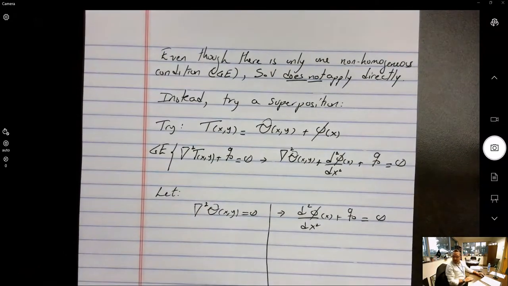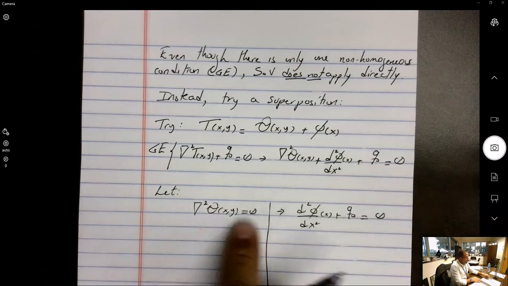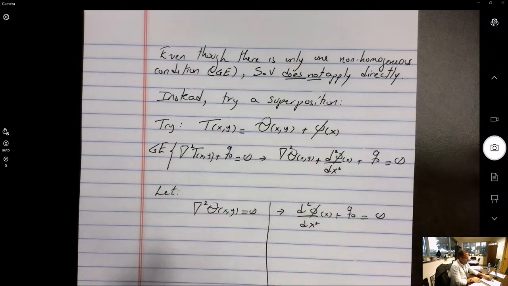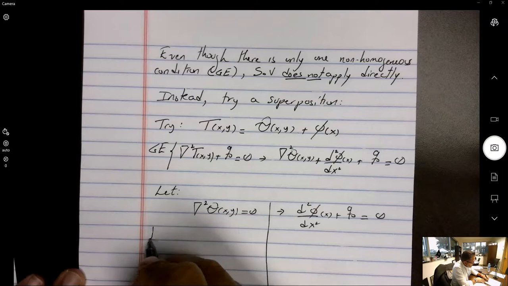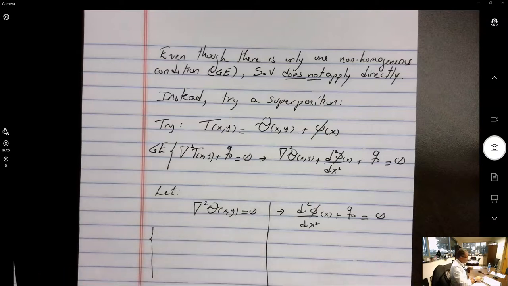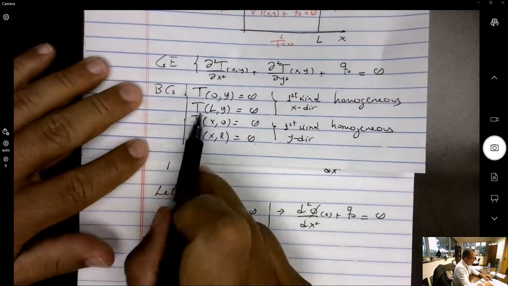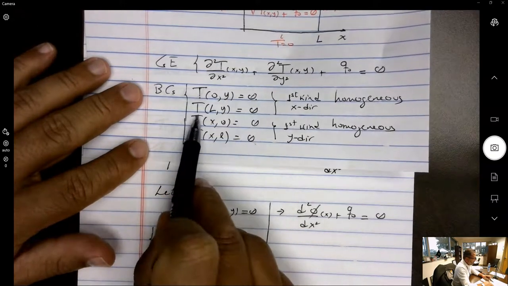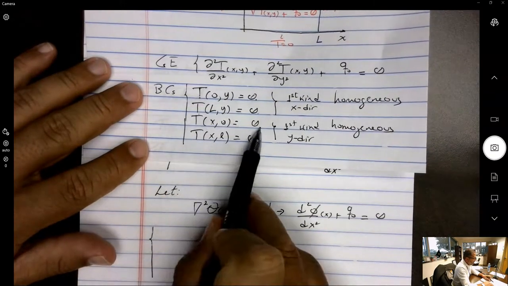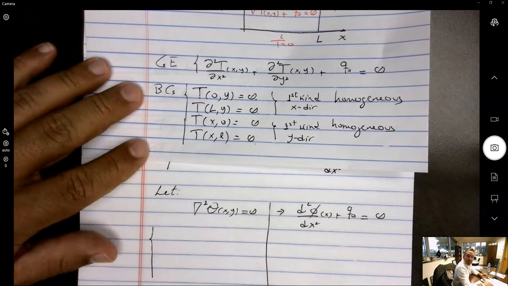Alright, so that's simple enough. This one plus this one should be equal to 0, according to this superposition that we implemented. And now let's see what happens with the boundary conditions. Let's go back to the original boundary conditions. They were all 0. So basically theta plus phi has to be 0, theta plus phi has to be 0, theta plus phi has to be 0, and theta plus phi has to be 0.